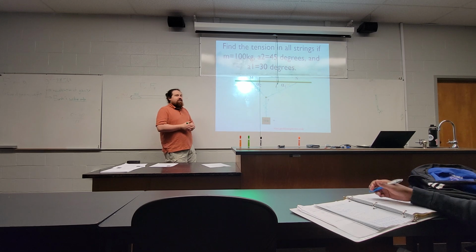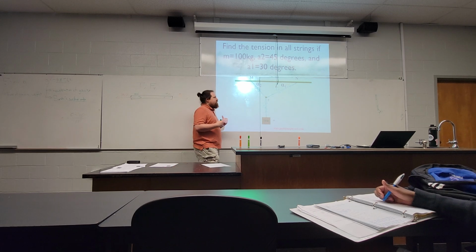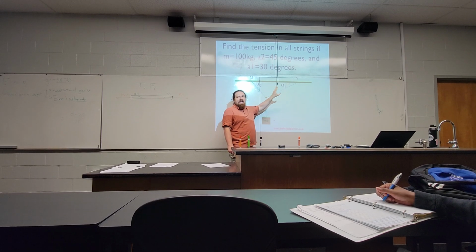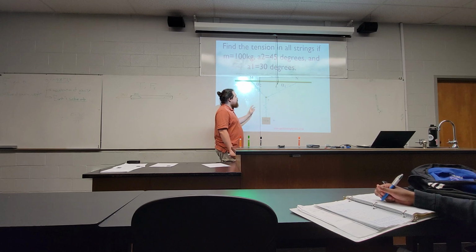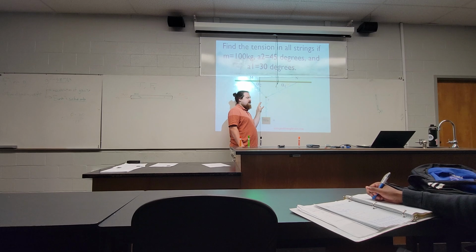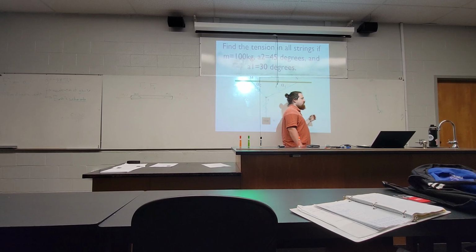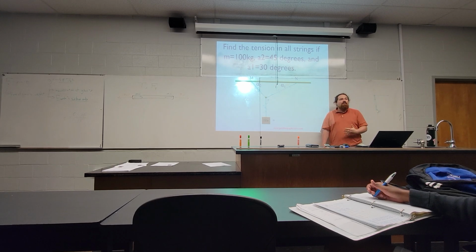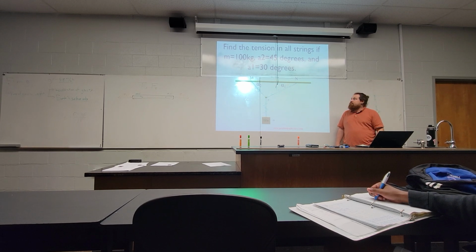And when examining tension, I find it useful to draw on your picture what direction that tension is acting at every single end of each rope. You've got 3 ropes here, and that means that each tension is going to act in 2 different directions on each end. So as a result, there are currently 6 arrows that I've drawn in.